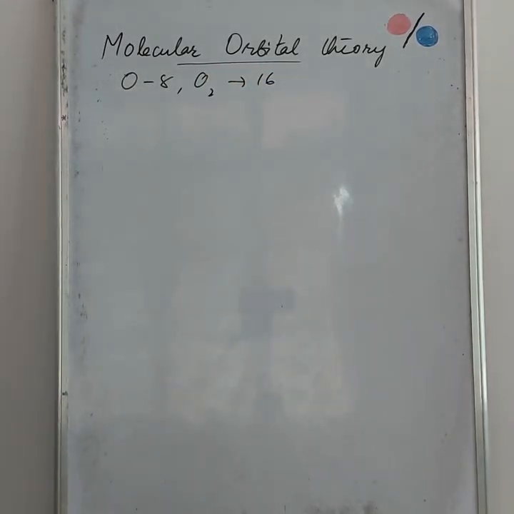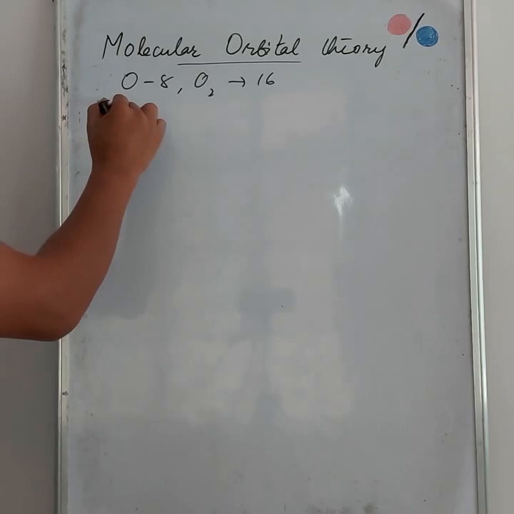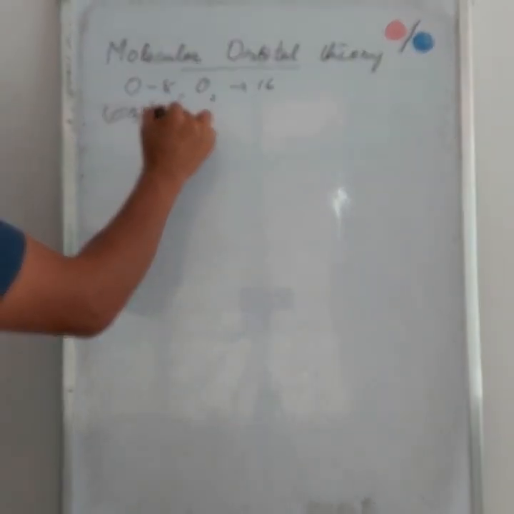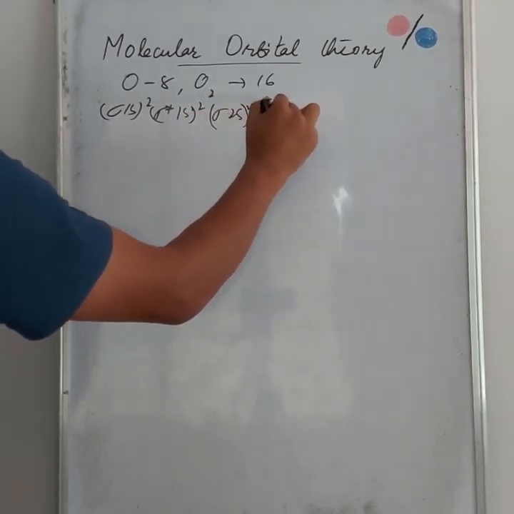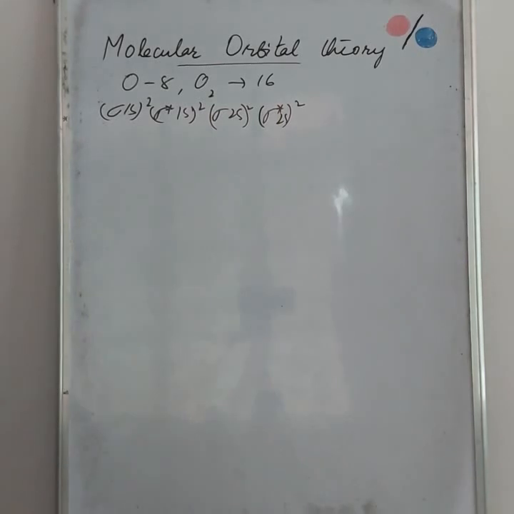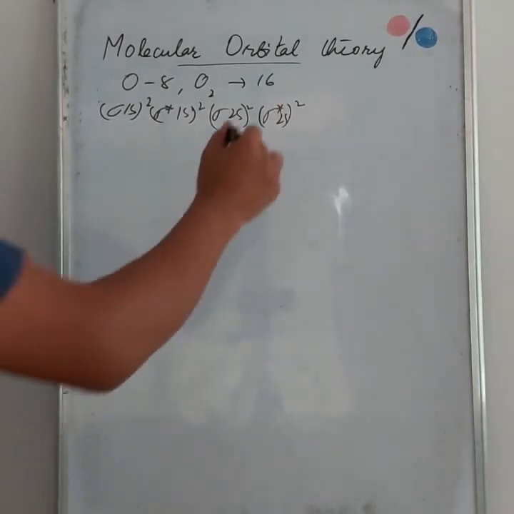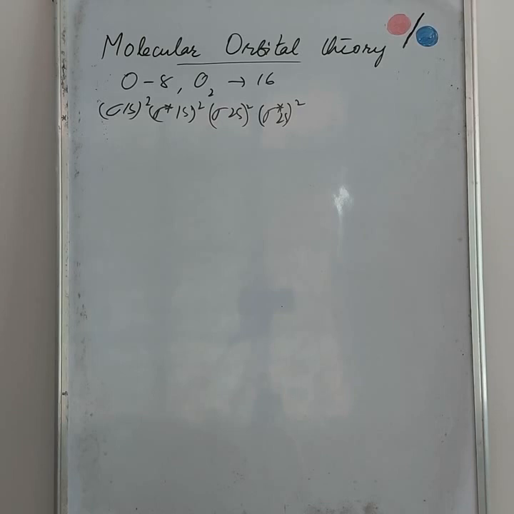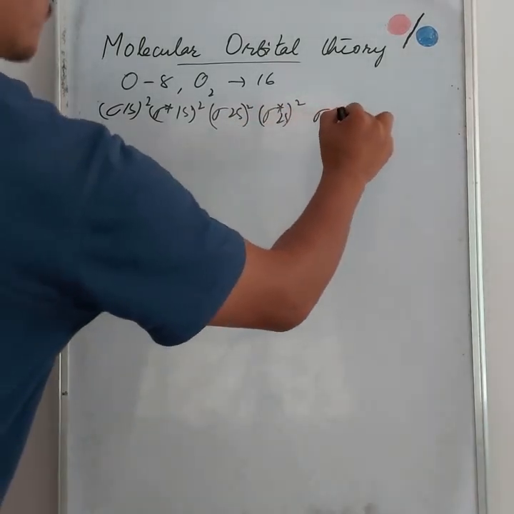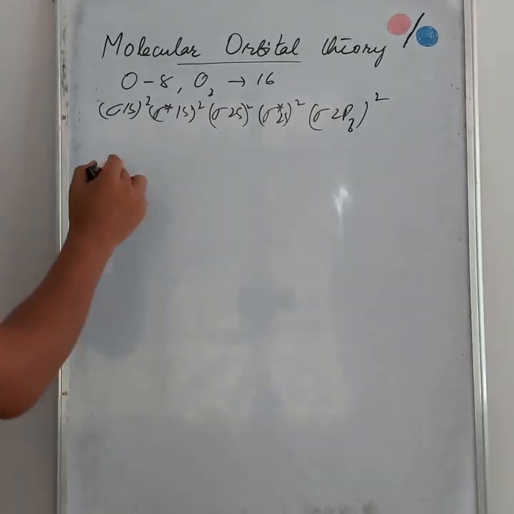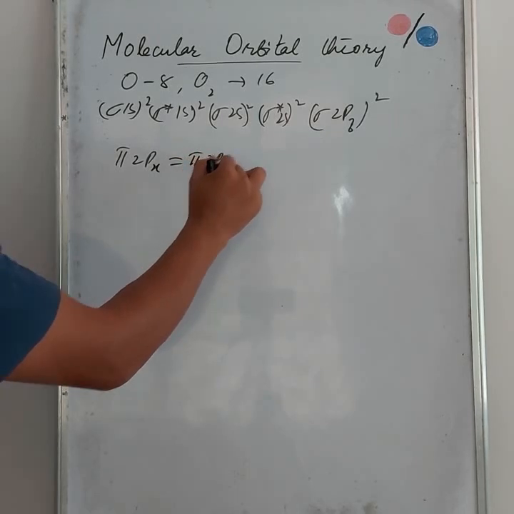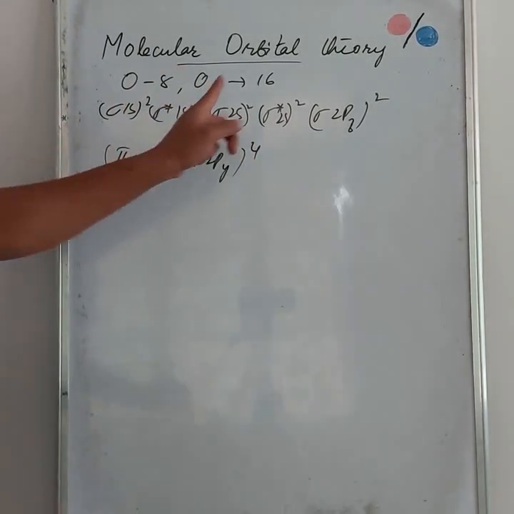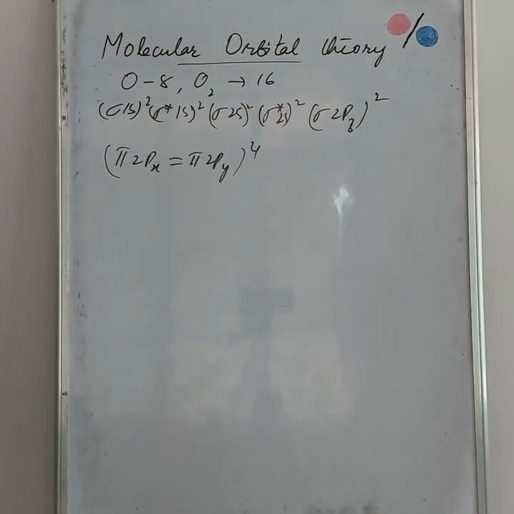So you try to put the sigma 1s2, sigma star 1s2, sigma 2s2, sigma star 2s2, then we have the sigma 2pz2, and then we have pi 2px, pi 2py, 2, 4, 6, 8, 10, 14, and then we have 2 left.